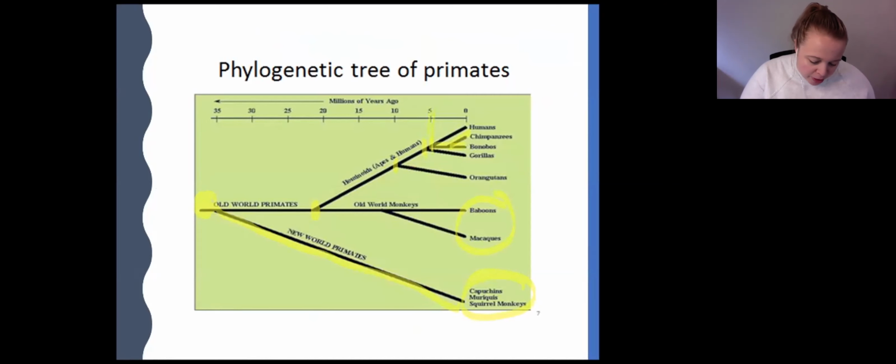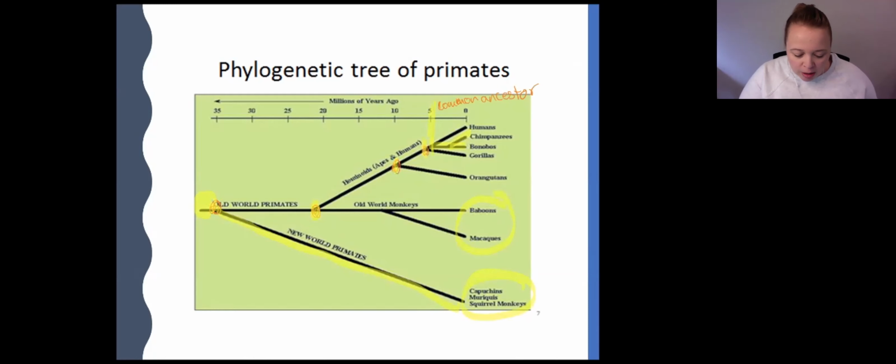Just about 4 million years ago did the humans and the chimpanzees have a common ancestor. So remember, we didn't evolve from apes. This bit here is a common ancestor. So humans and gorillas and orangutans and all of these monkeys all diverged from a common ancestor, and it just depends.